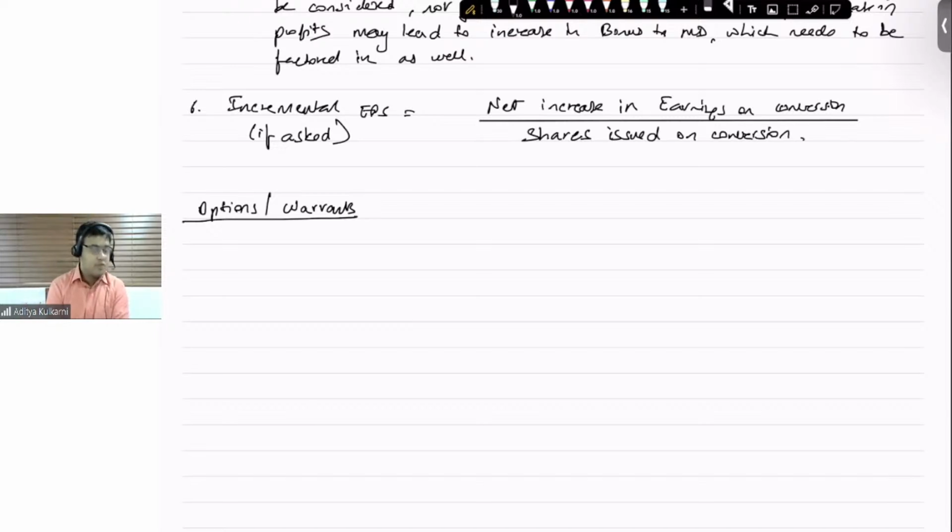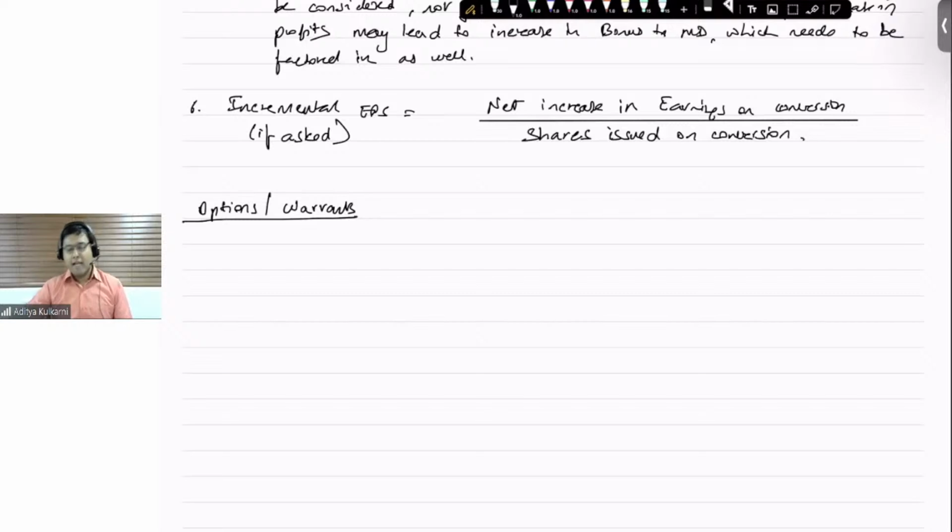So options or warrants which are there, when I have given an option to exercise the shares at a particular price, we call that the exercise price. So what is the shares issued at exercise price? And I get some money on the exercise.